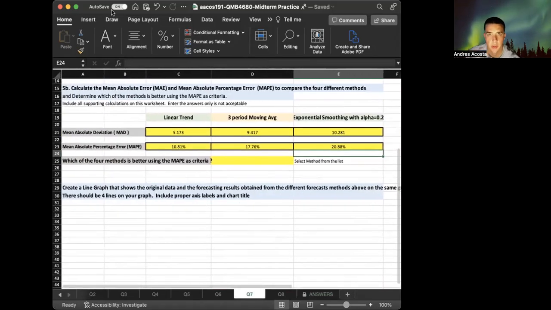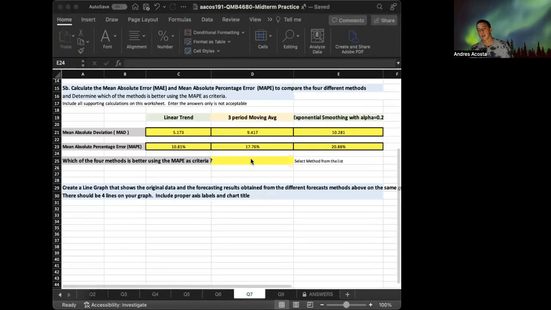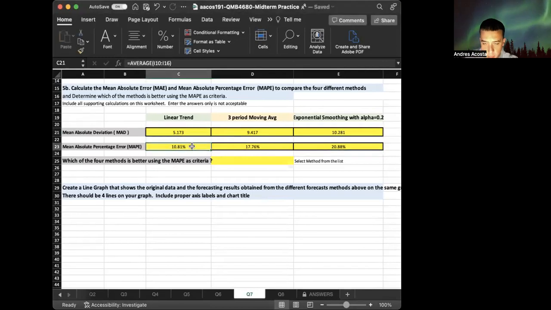So now it says which of the four methods is better using the MAPE as criteria. So basically the absolute deviations, these cells right here, show in a way our mistakes, or how I would say our deviation from the exact matches.